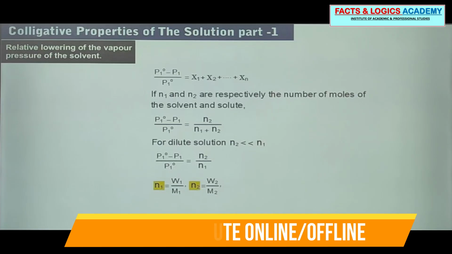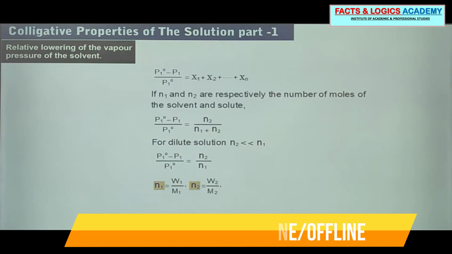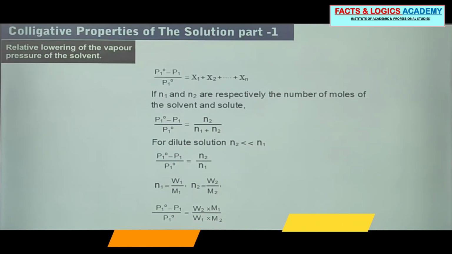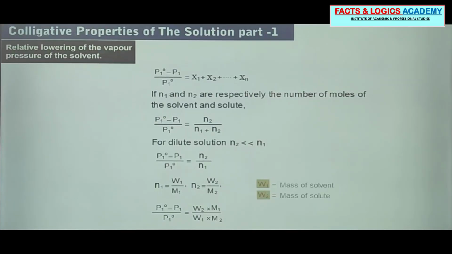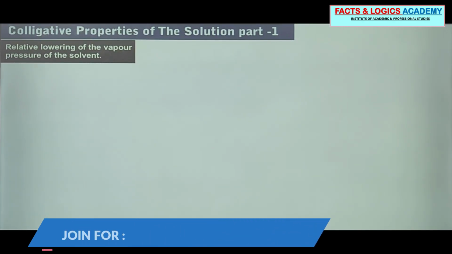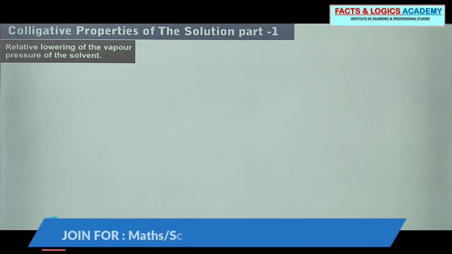Representing N1 and N2 in terms of their masses and molar masses, we get P1 naught minus P1 divided by P1 naught is equal to W2 multiplied by M1 divided by W1 multiplied by M2, where W1 and W2 are the masses and M1 and M2 are the molar masses of the solvent and solute, respectively.